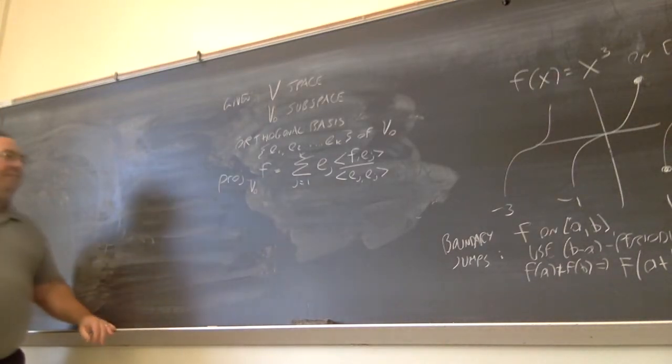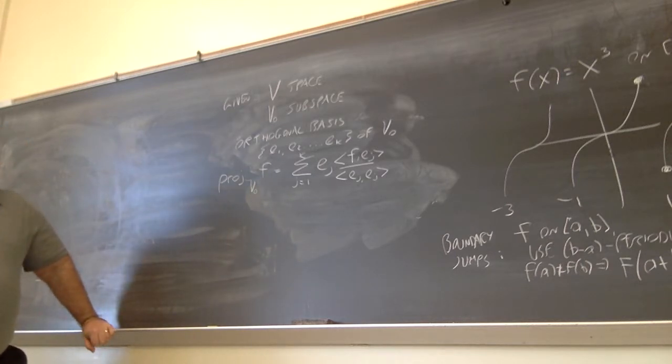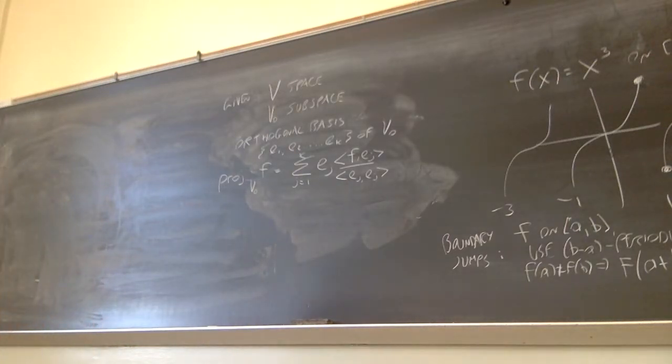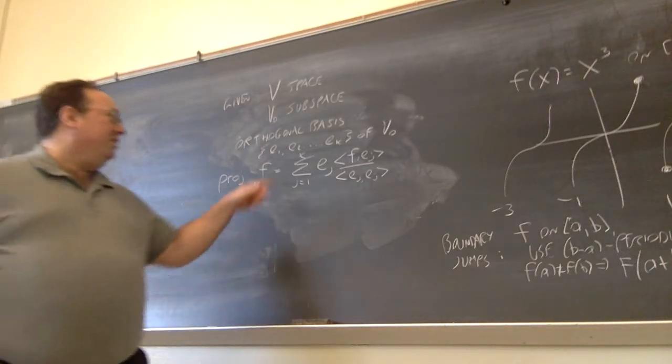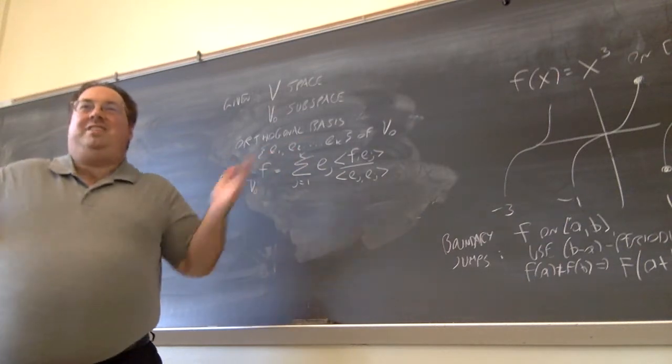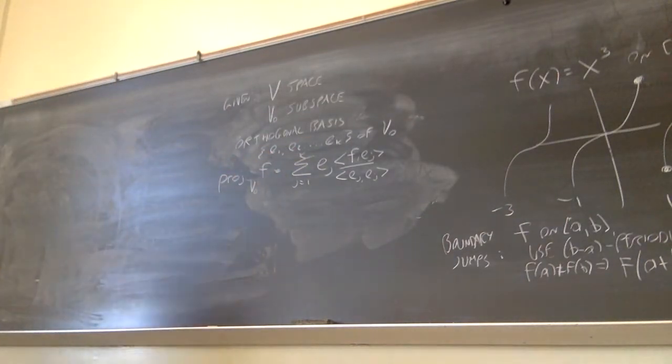So you can always compute a projection that way, given an orthogonal basis. Or, suppose your subspace has dimension 1. Any basis I give you is orthogonal, because these have to be orthogonal to each other, and if you only have one, then it's vacuously true. Yeah. Back to it.